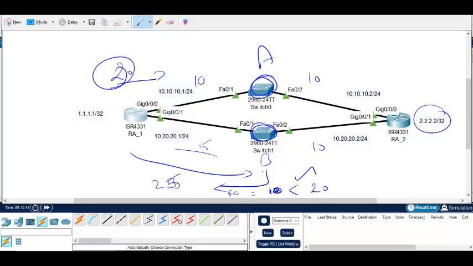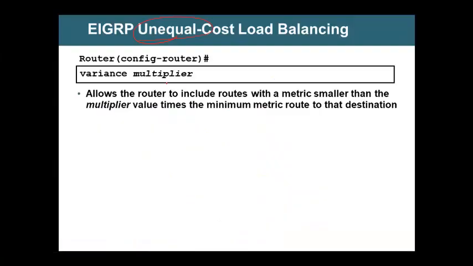But in order to bring it to the routing table, what need to be done? See, if this route is not in the routing table, it cannot be used for load sharing. Here it says unequal cost load balancing is supported. But by default, variance is 1.